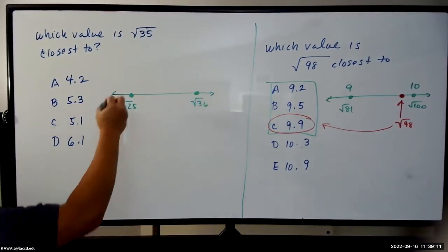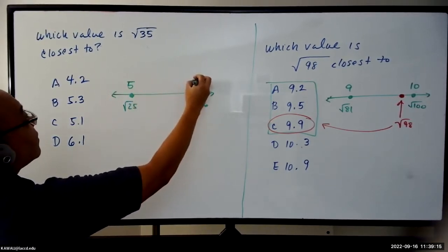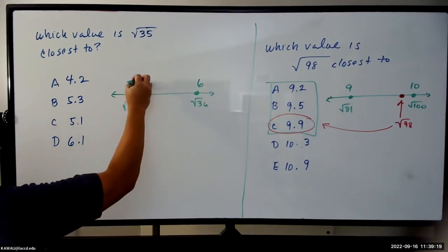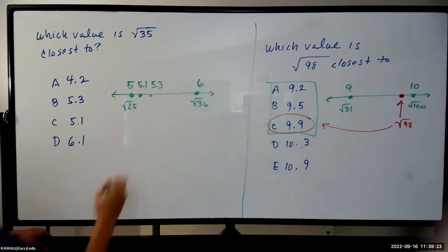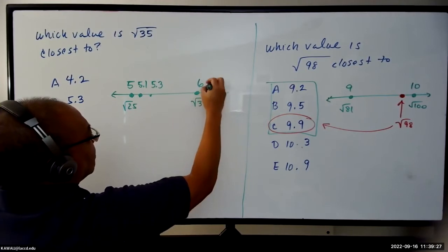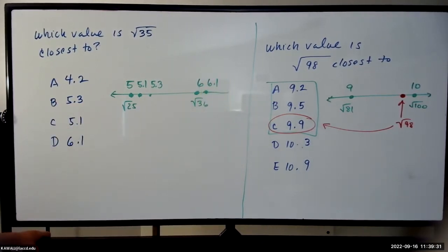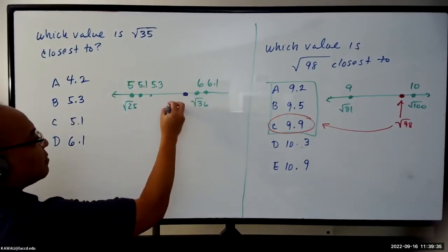So this one is 5 and over here is 6. And then over here we have 5.1, 5.3, and 6.1. So square root of 35 is going to be pretty close to over here.